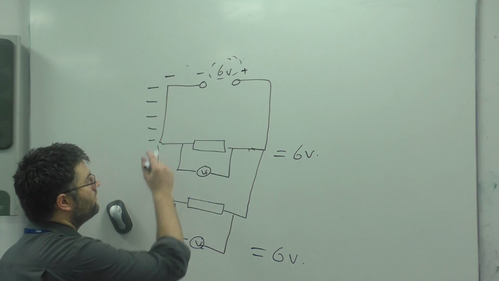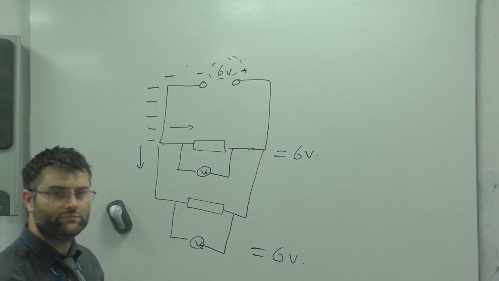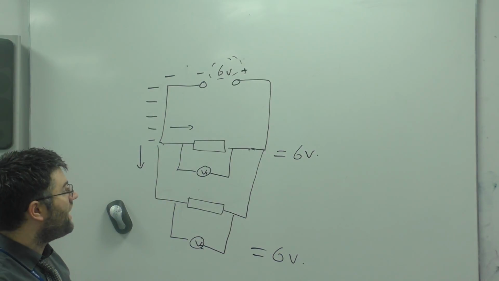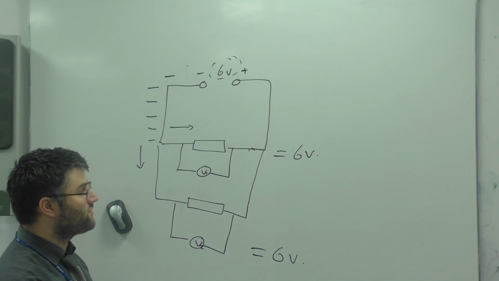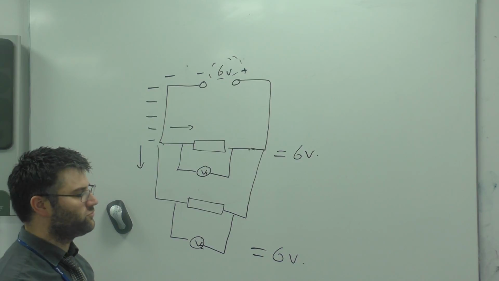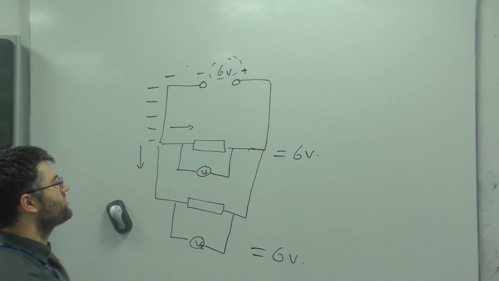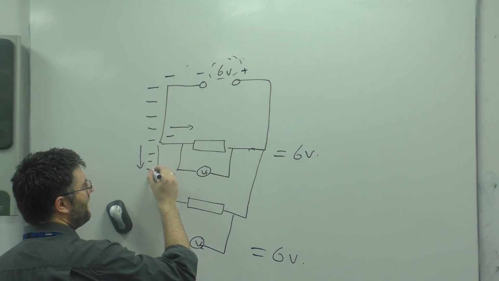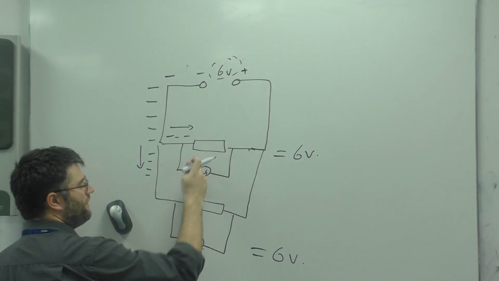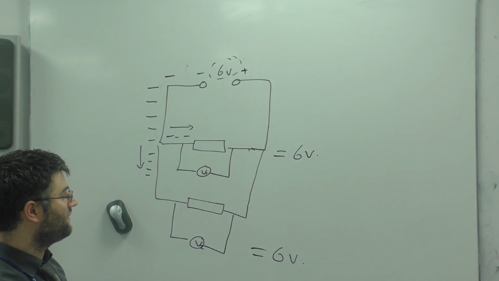He can either go that way or that way. And it's not just one electron travelling around this circuit, there are billions of them, being pushed through that circuit. So approximately half of the electrons would go this way and half would go this way, if these two resistors were exactly identical.